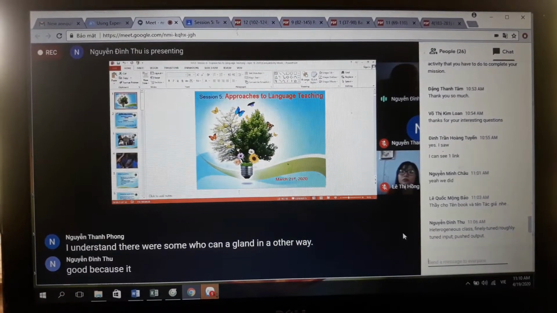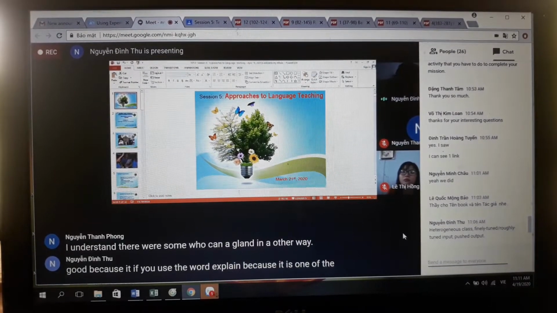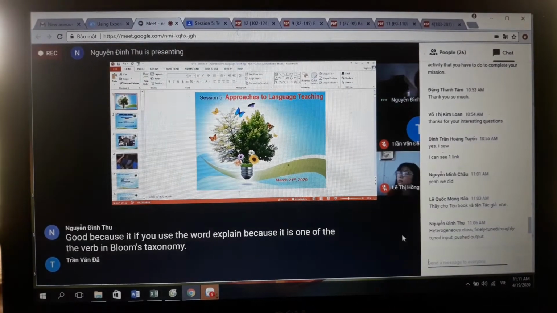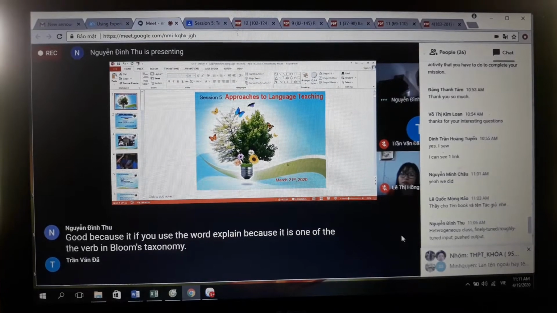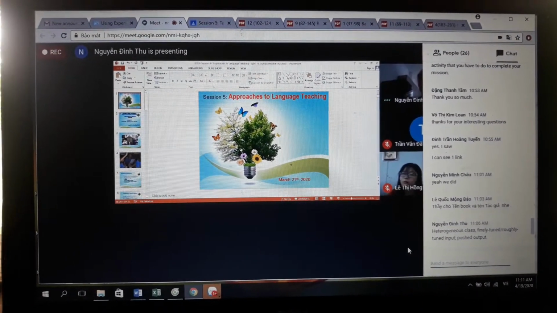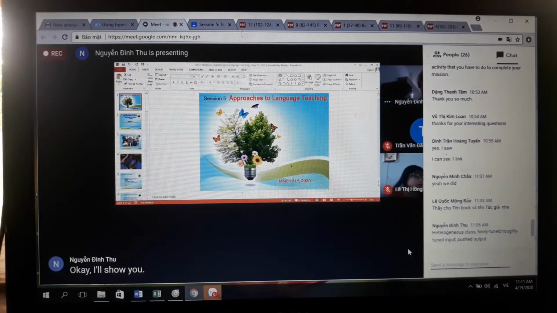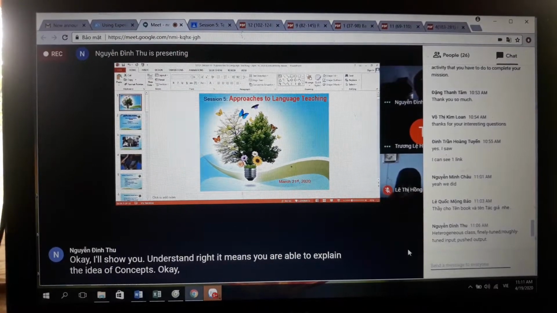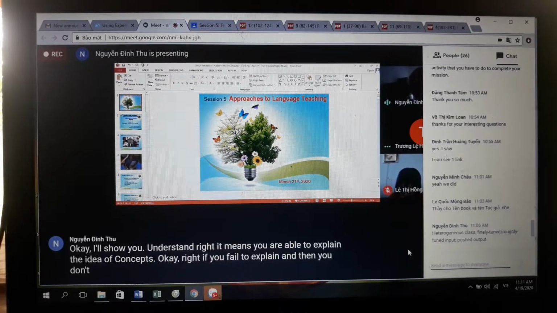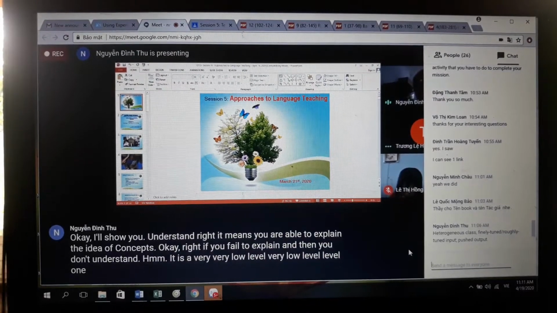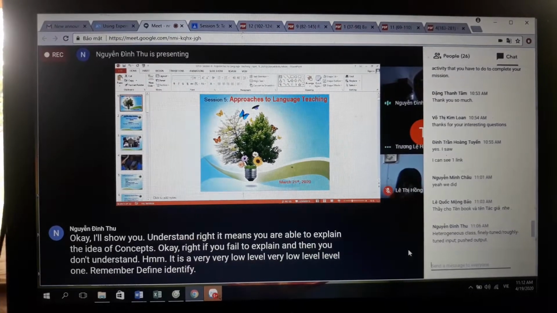Because it will use the word explain, which is one of the verbs in Bloom's taxonomy: define, identify, describe, recognize, explain.